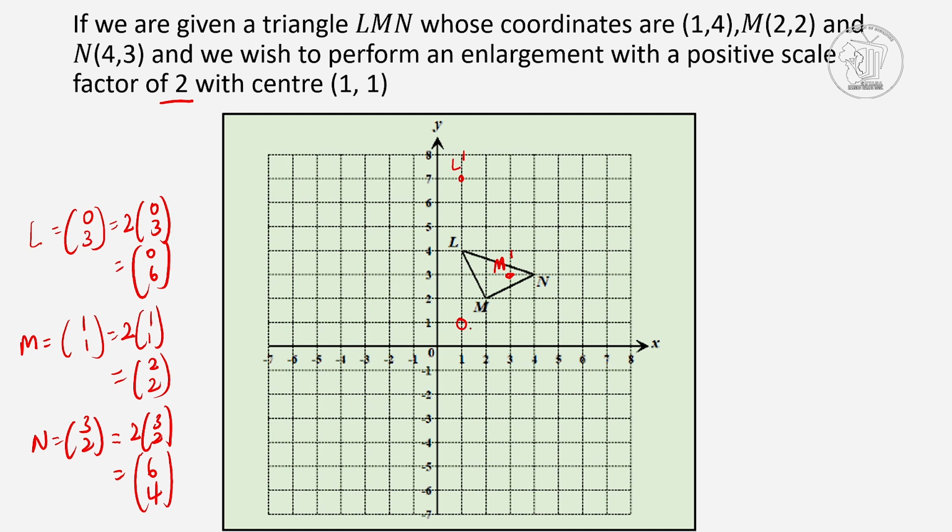So we go from the center, we go 6 times across, 1, 2, 3, 4, 5, 6, and we go 4 times up, 1, 2, 3, 4. So here would be the new point of N prime. And then to finish this off, we just connect the points to get the enlarged shape. And that is the new shape under an enlargement with a scale factor of 2 with center (1, 1).